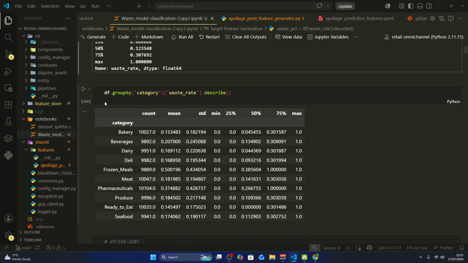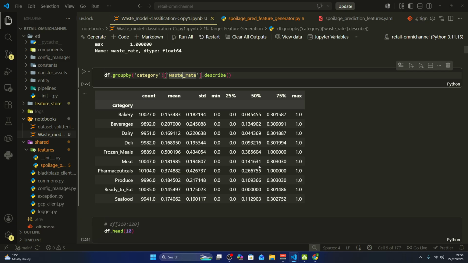Okay, then this group by category and the waste rate, then describe, so you're able to see now the waste rate according to the different categories. For the frozen meals, you can see how it varies.